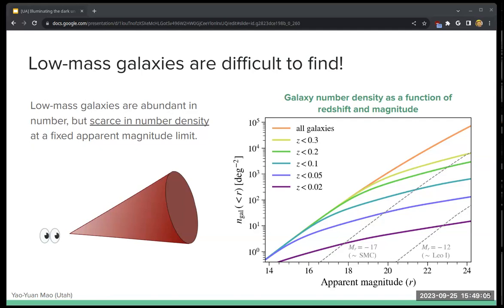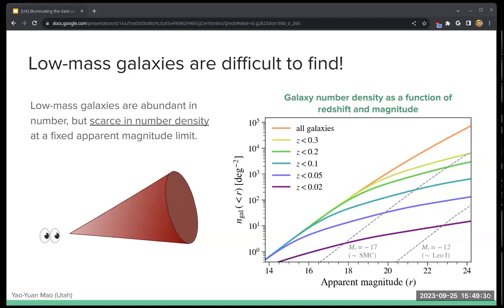So you are finding 1 galaxy among 200 galaxies in that field. And this problem becomes more and more significant if you go down to, say, 21st magnitude. You still have about 1.5 galaxies at redshift less than 0.02, but now your background galaxies jump to about 3,000, right? So you are finding a very, very small population in a very large population.